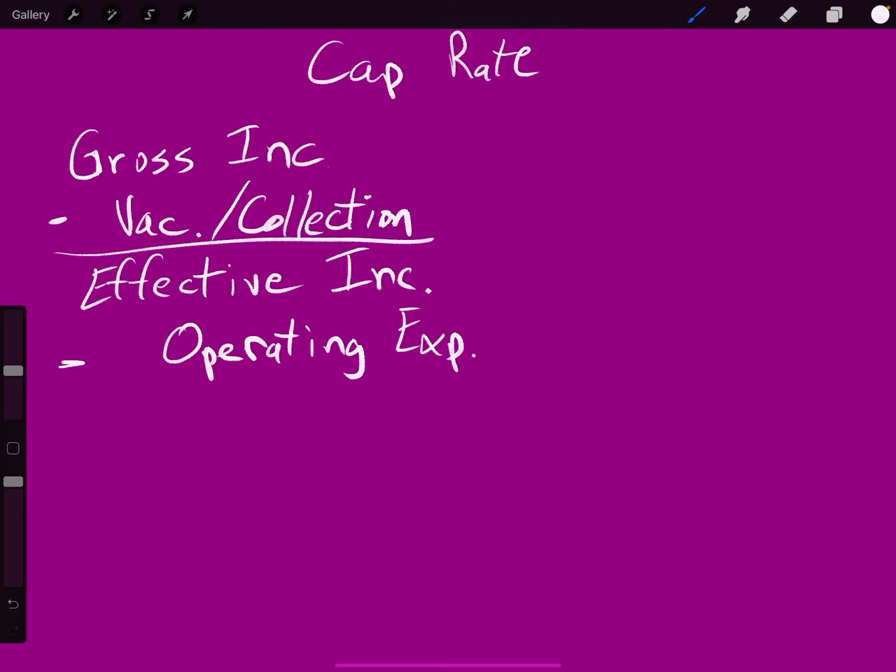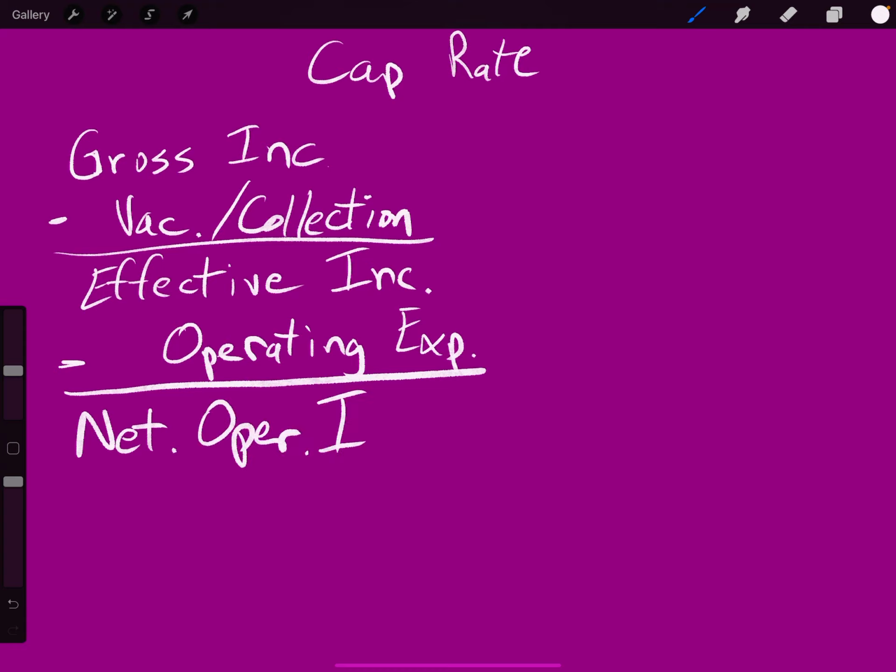Every possible thing you might pay to run this little investment property or a big investment property, except for one thing. We're going to talk about that one thing in just a second. Once you subtract out all those operating expenses, that leaves you with net operating income, NOI.